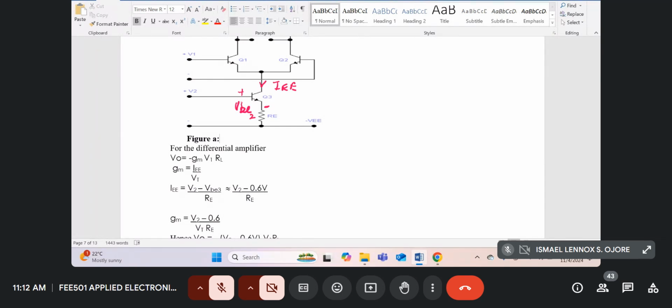So IEE is V2 minus VBE over RE, which is approximately V2 minus 0.6 if it's a silicon transistor, over RE.